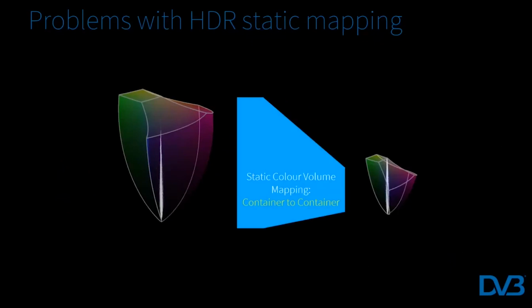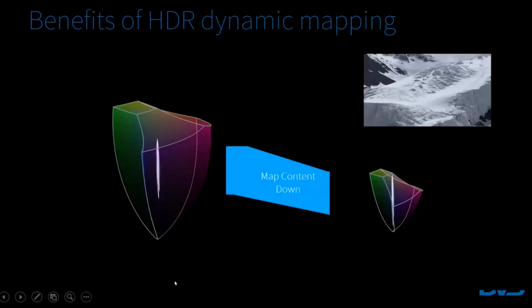As Virginie outlined, what was already in the DVB specification previously was a mechanism for doing static mapping. So this is one kind of mapping that might be applied for a whole service or a whole piece of content. Now this can work very well, but it's content dependent, and let me show you in the next few slides why that is.